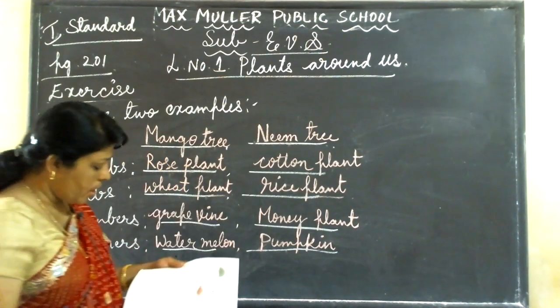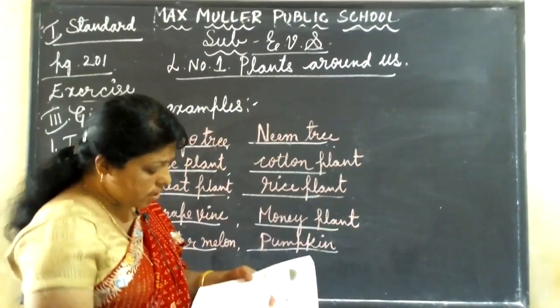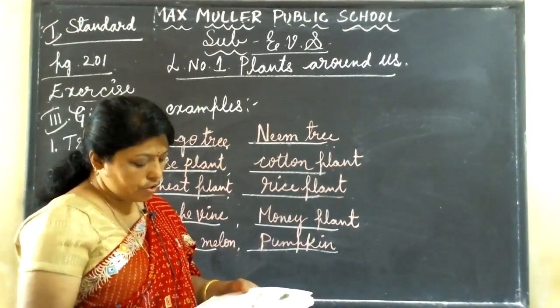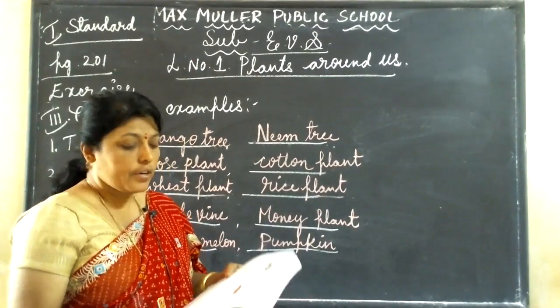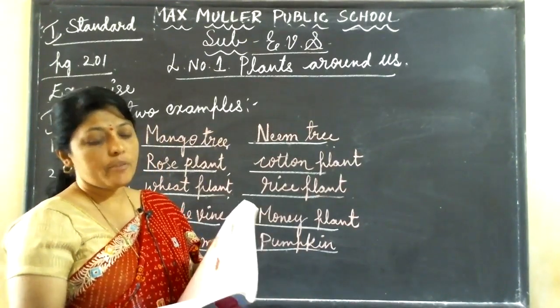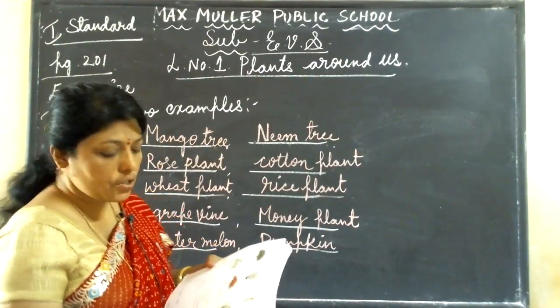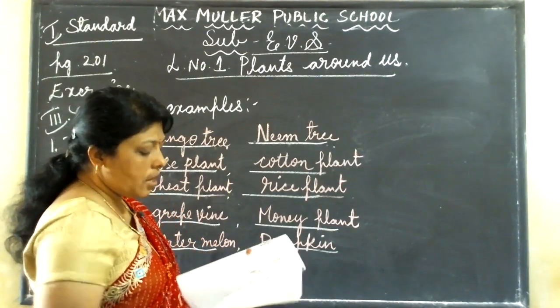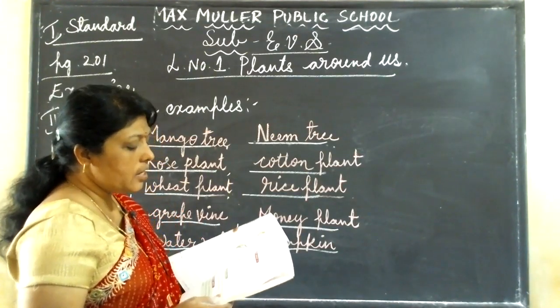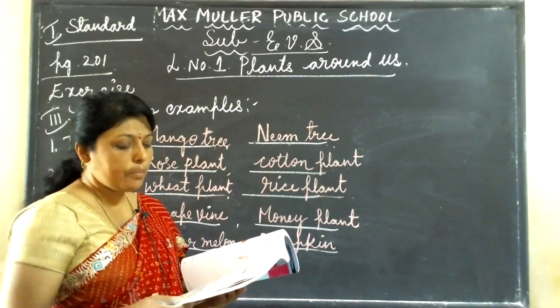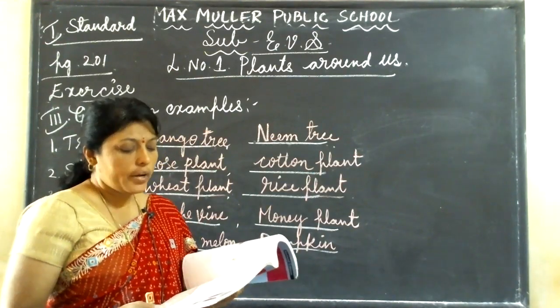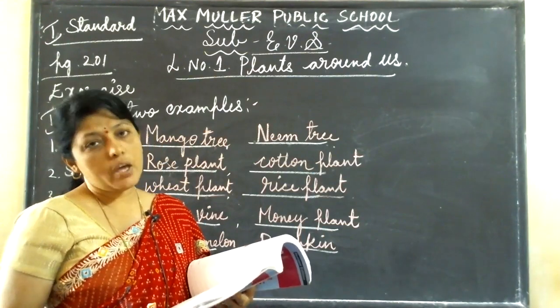Then come to the fourth main question, as usual. They have given: answer the following questions. No need to write in the textbook. You can go directly from the PDF to classwork, isn't it, children? So, okay, then think about it. They have given: prepare a list of things you get from plants. How are they useful? Write a sentence about each of them.